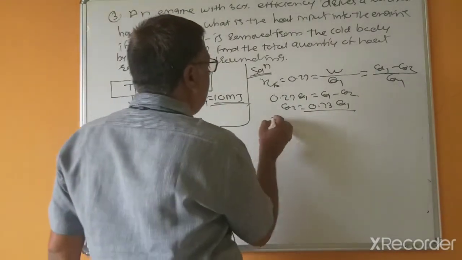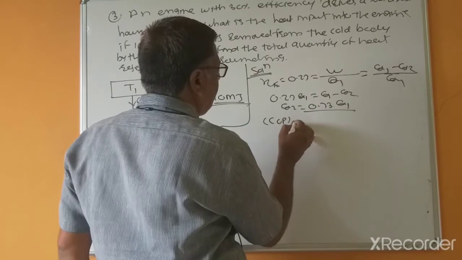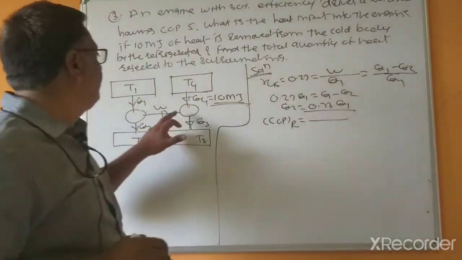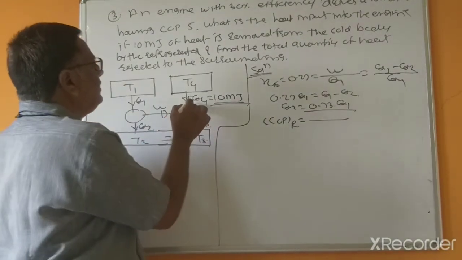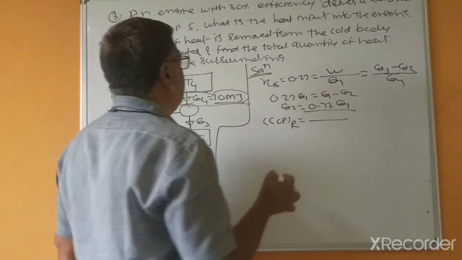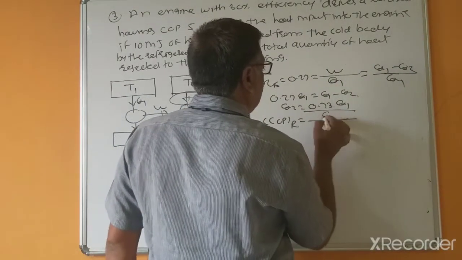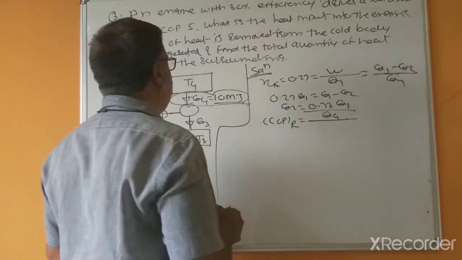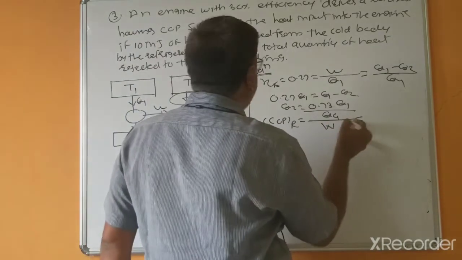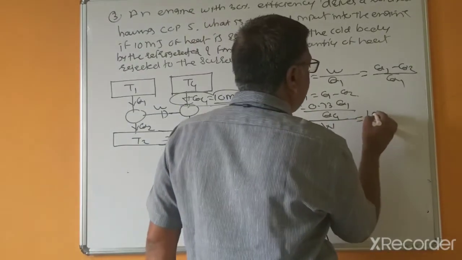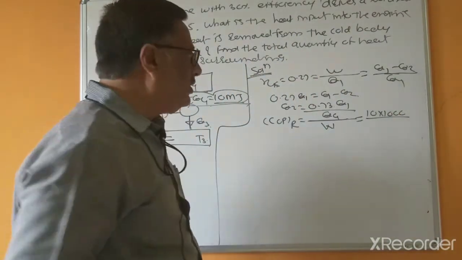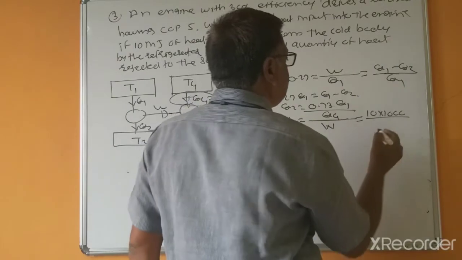And next, COP of refrigerators equal to, what is the formula? So what is output? This is desired, Q4, this is desired. So that's why we can write here Q4 divided by W. What is input? W. And this is equal to 10 megajoule, means multiplied by 1000 for conversion.